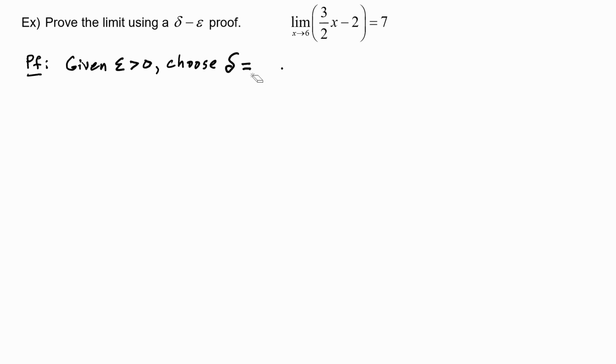Now to finish that first line, we have to say, then for, remember it's the quantity absolute value of x minus c. And in this case, c is equal to 6 less than delta, comma, we get.